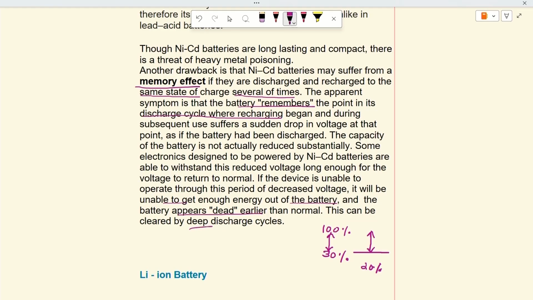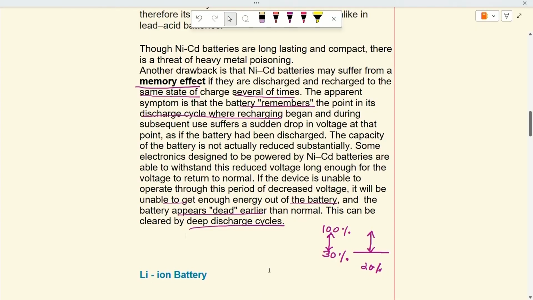This is known as deep discharge cycles. Many times you allow the battery to go to the least value, that is, completely drained, and then recharge it. If you do that, the battery can be revived. Okay. That is about the nickel cadmium battery. It is compact, but environmental pollution is a small drawback, and the other one is the memory effect.